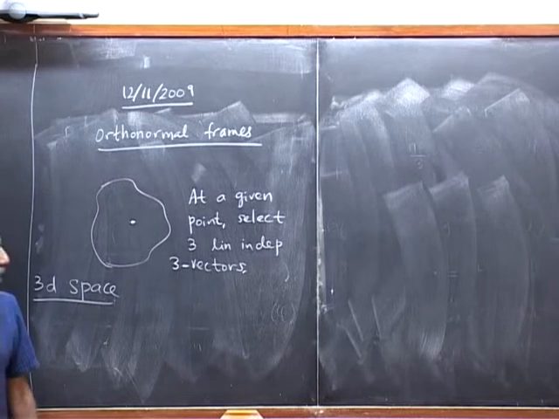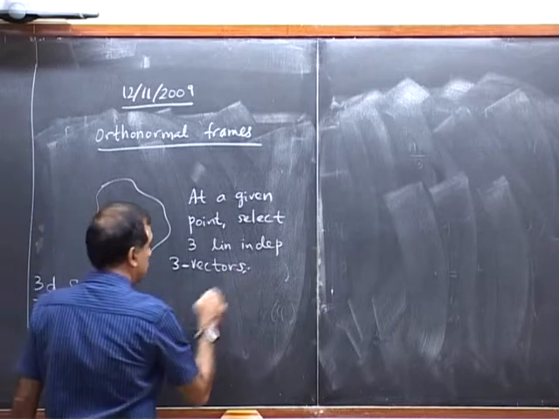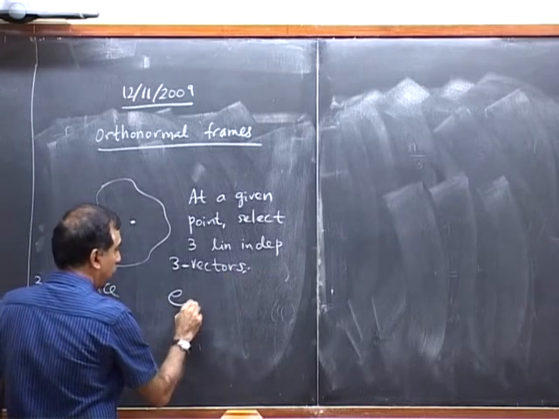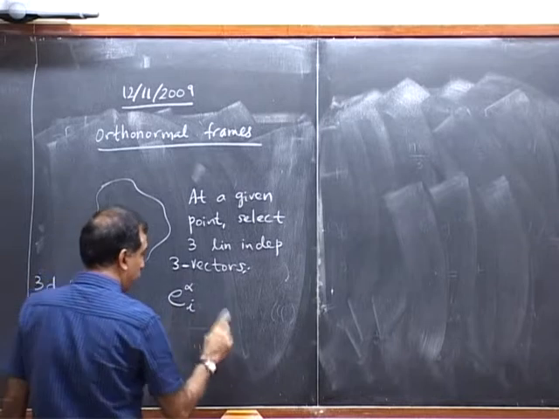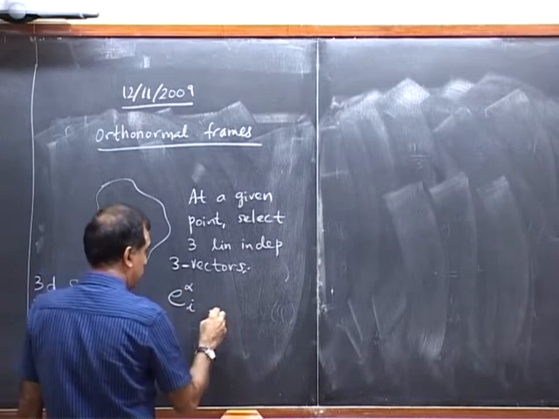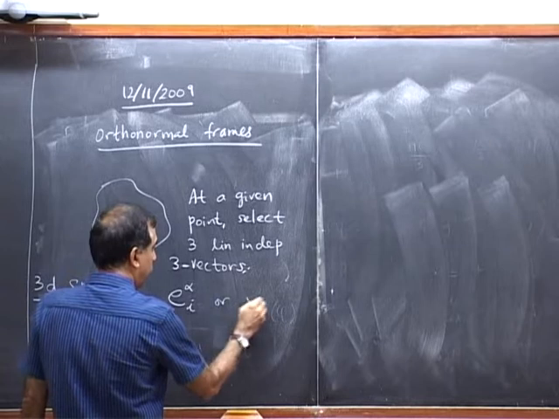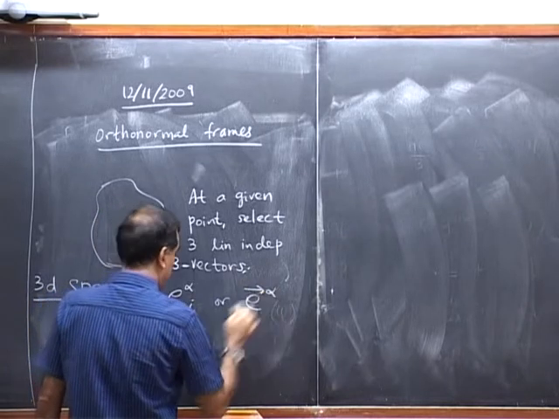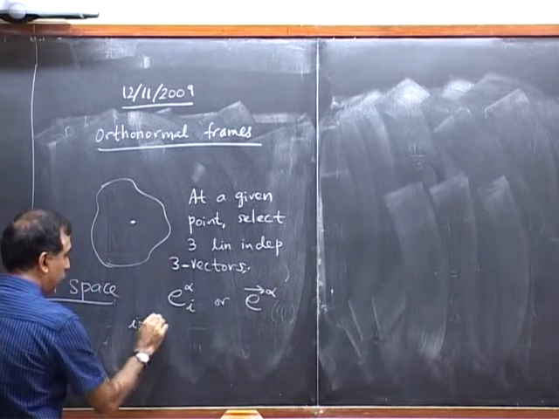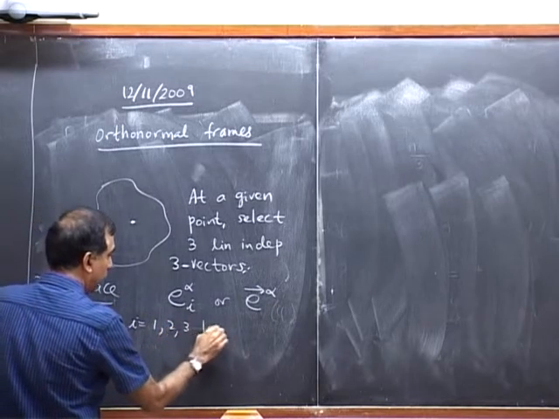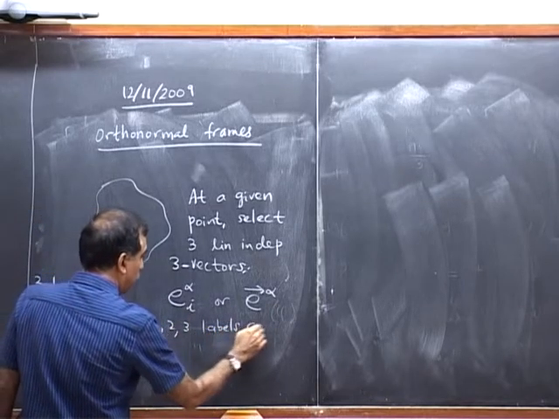Okay, so let's try to do something similar here. Select 3 linearly independent 3 vectors and let's label them E_i^alpha, or E vector alpha. i equals 1, 2, 3 labels components.